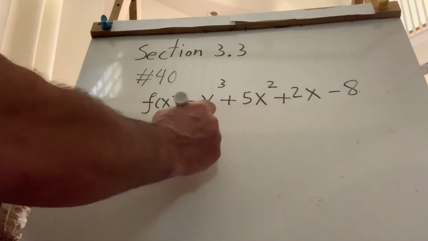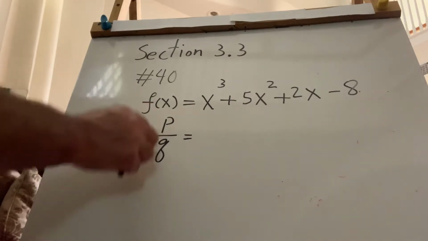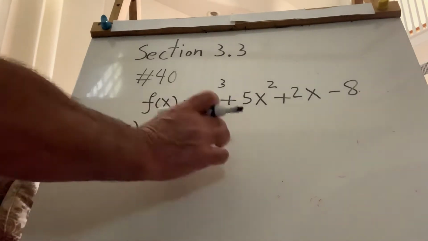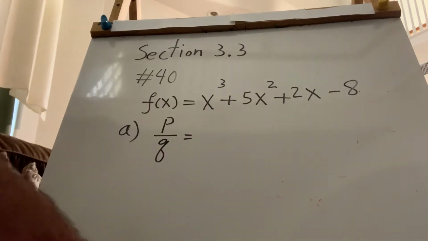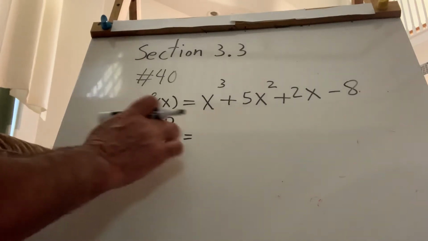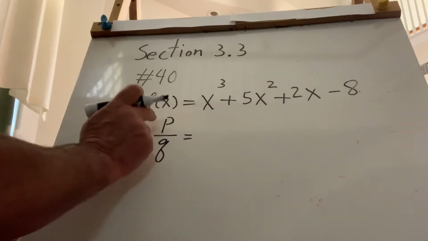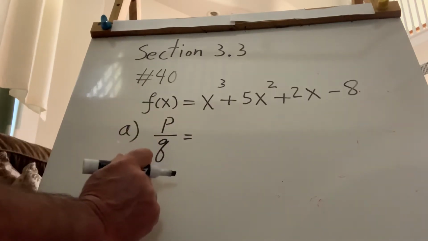So we want to look for what are called p over q's. So p over q's will be your so-called possible rational zeros here. We're going to list all the possibilities, and then we'll go to part B, where we have to actually find the rational zeros. Rational numbers usually refer to fractions in math, so that's why these numbers are all going to have fractional form.